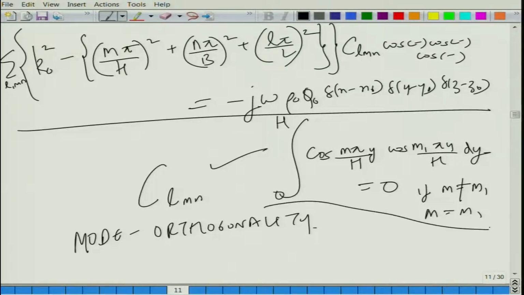Okay. If m is equal to m1, then this is not 0, then it becomes cos square. So, you divide and multiply by 2, so it becomes 2 cos square. Okay. And then you invoke your cos 2 theta rule, and you will see that this will be half of h by 2. So, this is a sufficient hint.